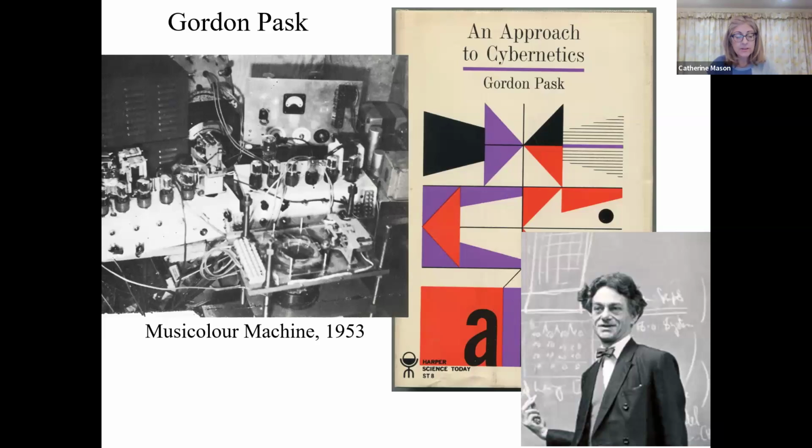And here you can see on the left of the screen his Musicolor machine from 1953. And this is a machine that he built himself completely from scratch. And it really crossed the fields of art, music, performance, and science. And it's often considered the first cybernetically inspired performance system in the UK. It's incredibly early, 1953.